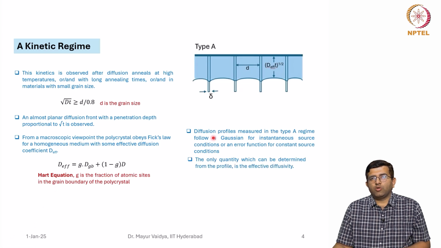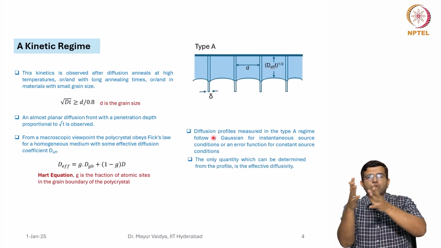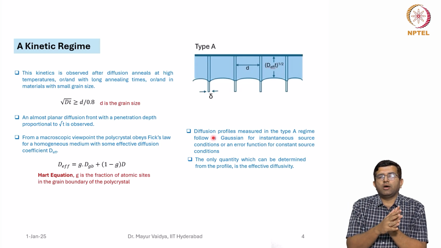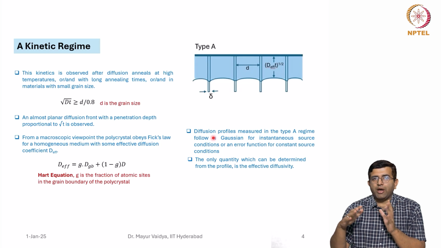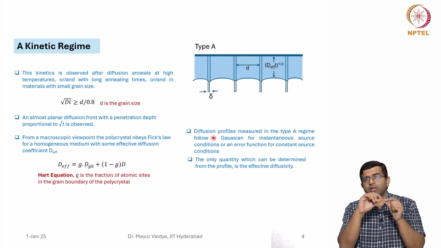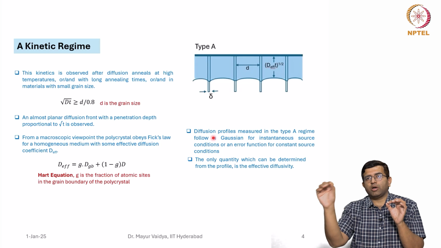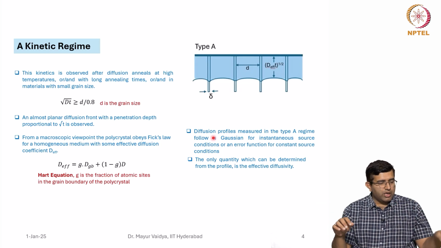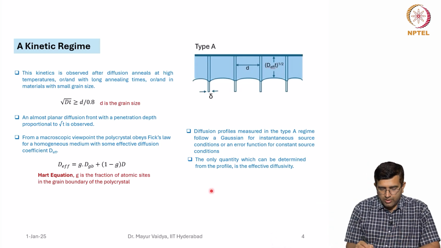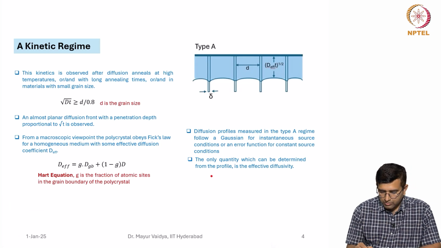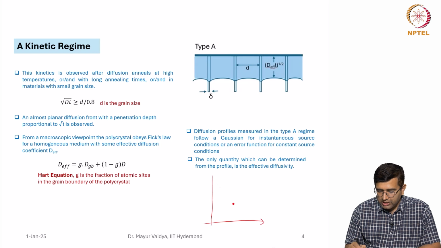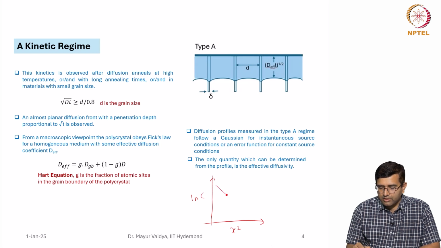When you try to plot log C versus x square for the A kinetic regime experiments, you will see a straight line, but that straight line slope will not give individually a lattice diffusion or a grain boundary diffusion coefficient. So, for example, if I plot in the A kinetic regime log C versus x square, then what I get is a straight line.